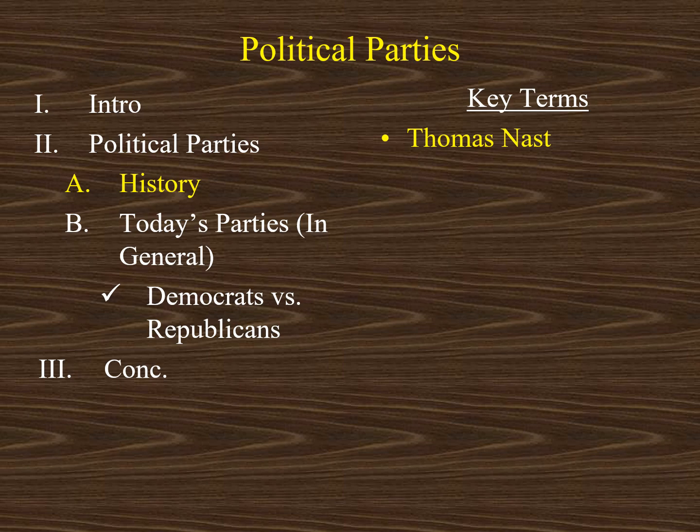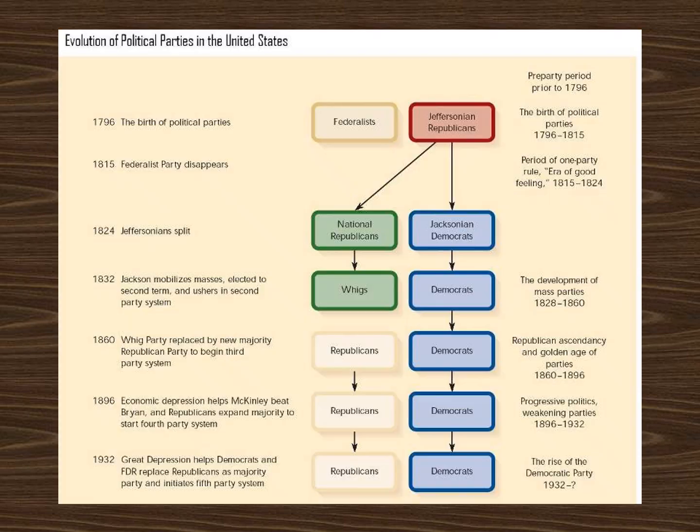We'll start with a little bit of history. Throughout American history, our political system has been dominated by a two-party system. But a lot of people are unfamiliar with the fact that the Democratic and Republican parties have not been the only political parties throughout American history.